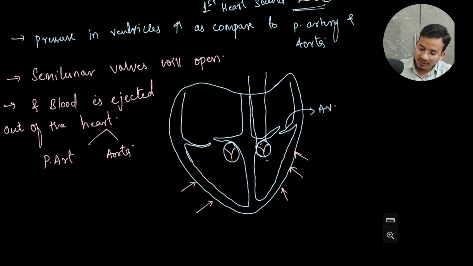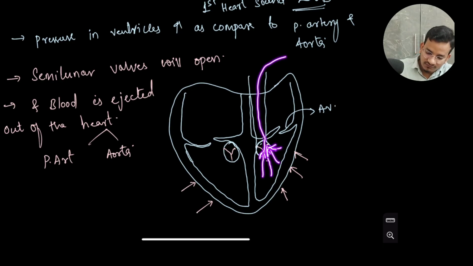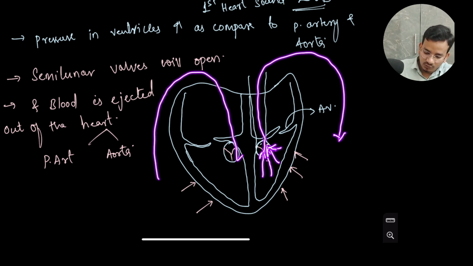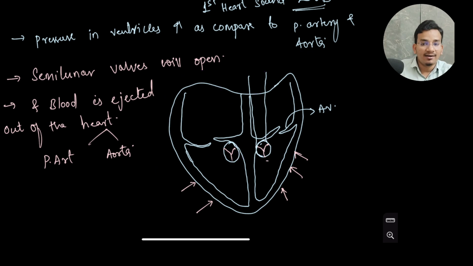Now you can see here, the semilunar valves present in the aorta will open. In the pulmonary artery also it is open. So blood is entering the aorta and pulmonary artery, and with the help of the aorta it is going to all parts of the body, and through the pulmonary artery it is going to the lungs for oxygenation.